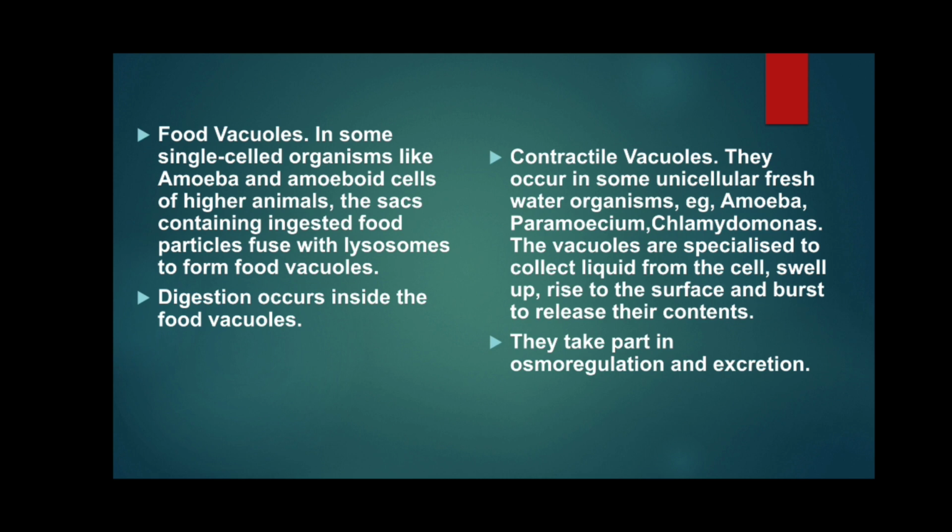Next one is the food vacuole. You studied in class 7 that food vacuoles are found in the amoeba or the amoeboid cell of higher animals. You studied that amoeba has pseudopodia, false feet, which help in holding submicroscopic food.